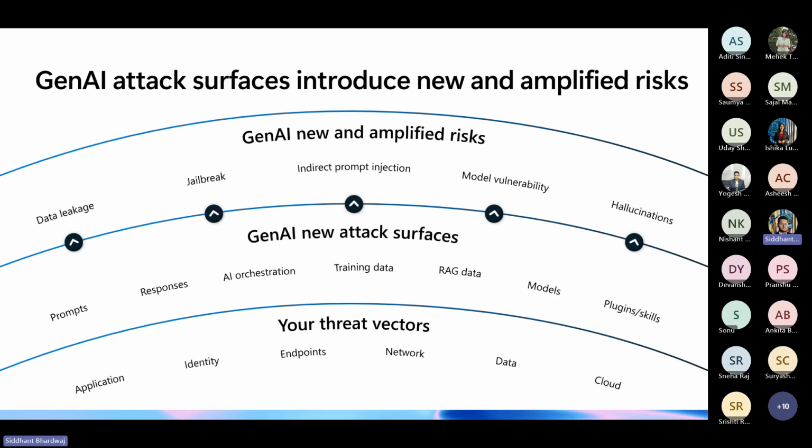This was the surface area where something can happen. What can happen are data leakages, jailbreaking, indirect prompt injection, model vulnerability, and hallucinations. Right? Have a look at this whole page and import it into your mind so that you have a clear idea of what the increased risks are.